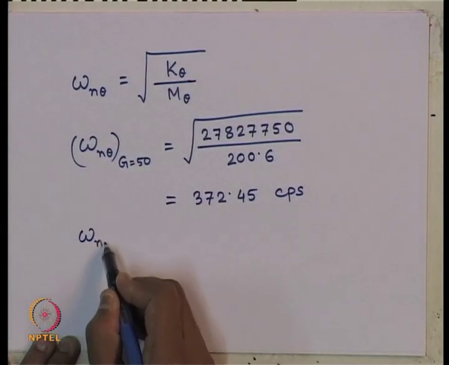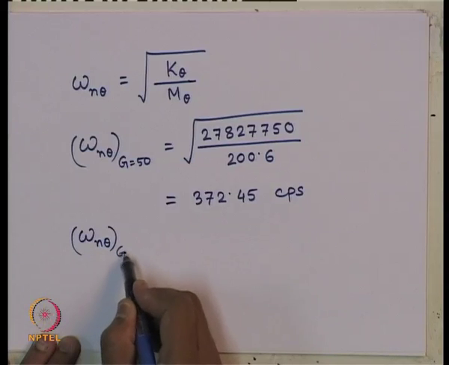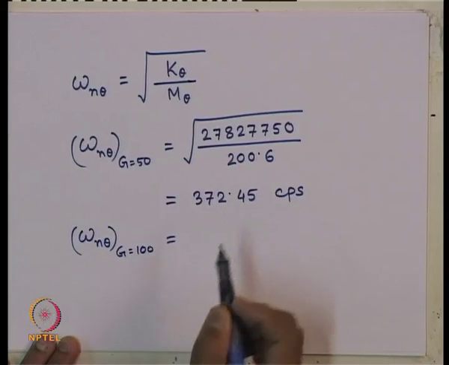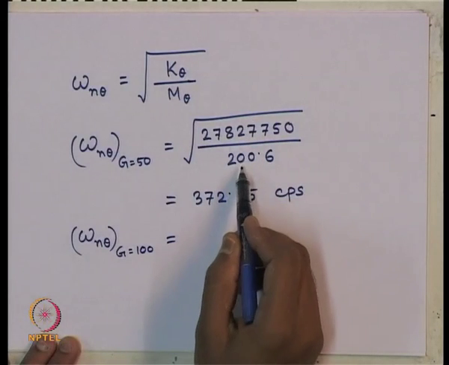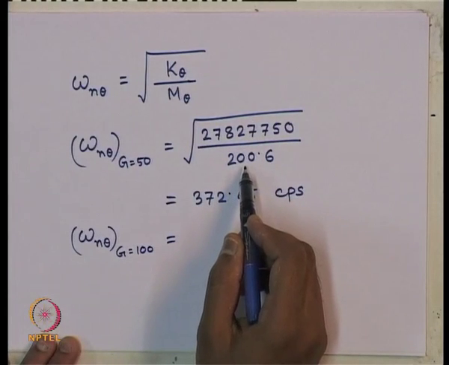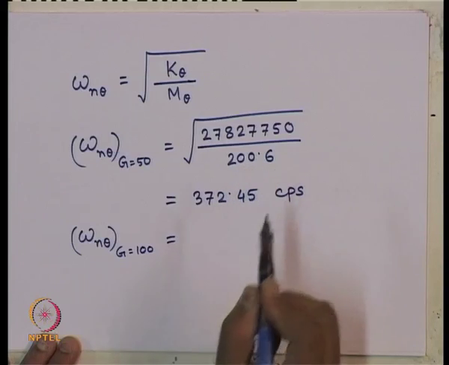For the next type of soil, k theta will be double and m theta we have computed for the second type of soil is 212.4.